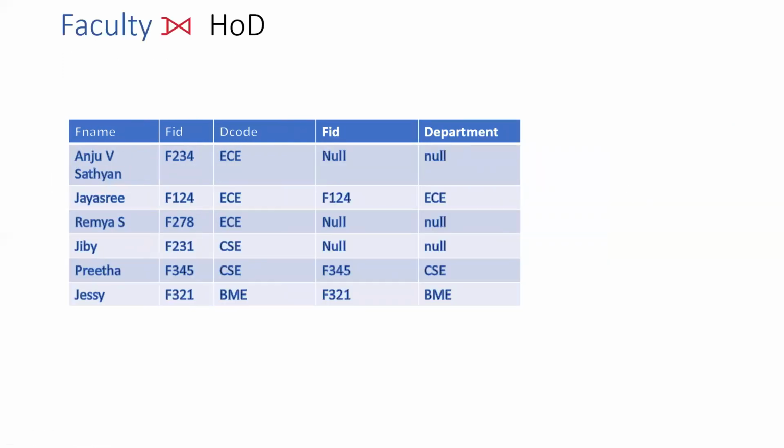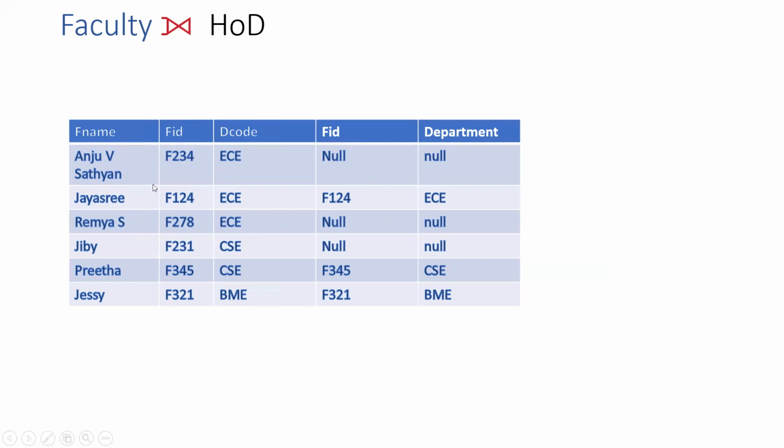When we do left outer join, this is the symbol used for it: faculty left outer join HOD. In this case, all the tuples from the faculty relation are included. Anju V Satyan, Ramya S, and GB do not have any matching tuples in the corresponding HOD relation, but we include these tuples with null values in the corresponding HOD table attributes.